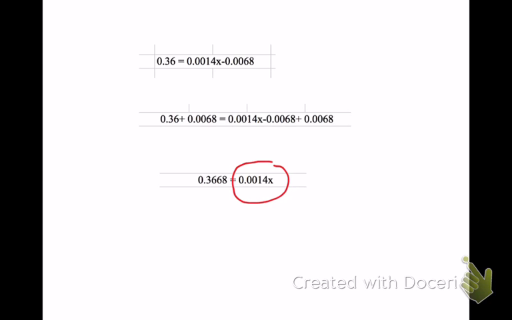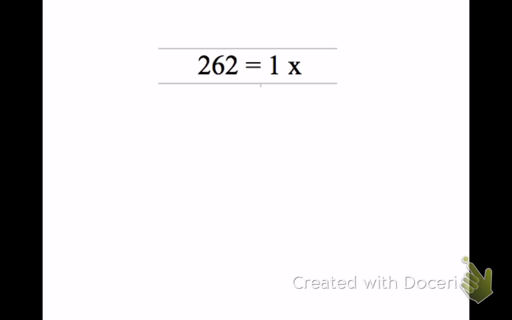Now we simply divide by 0.0014. Of course, that simplifies this side to just x, and we come up with a number: x is equal to 262.